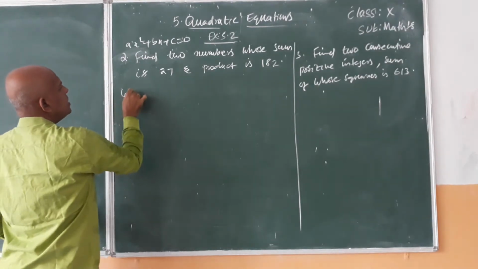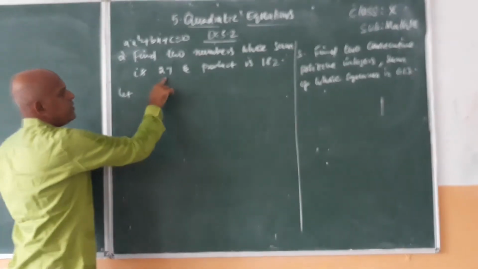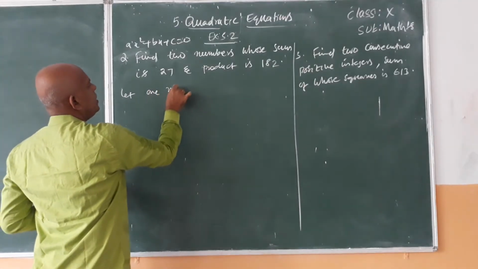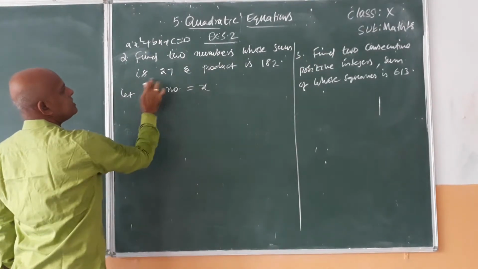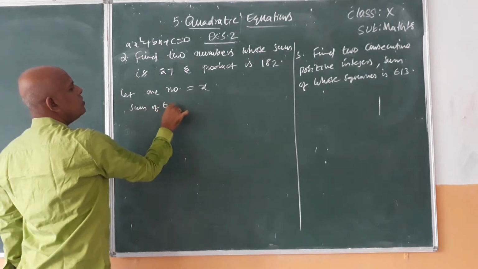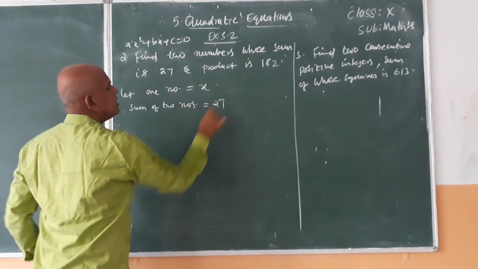Let one number be x, and given that the sum of two numbers is equal to 27.